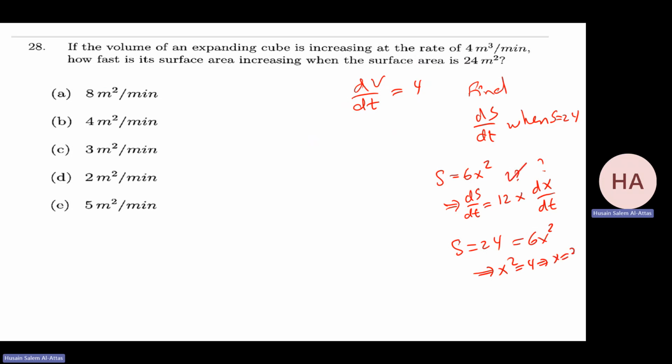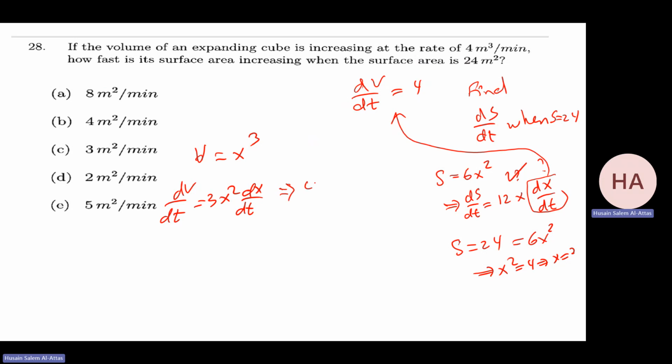So I got the x now. How to find dx/dt? Through the volume. I know V equals x cubed, so dV/dt equals 3x squared dx/dt, which implies 4 equals 3 times 2 squared times dx/dt. So dx/dt equals 1 over 3.